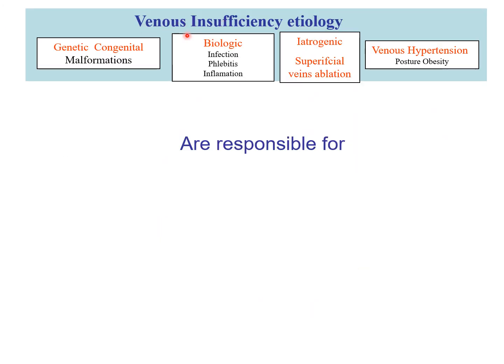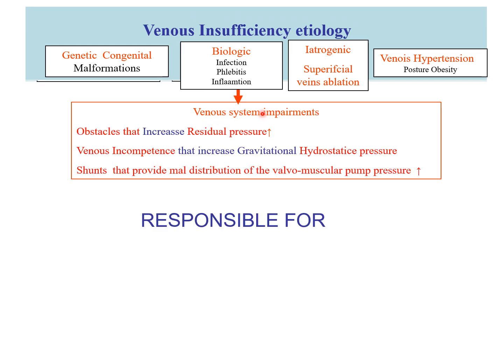The etiology of venous insufficiency may be malformation, congenital, genetic, or biological, infection, phlebitis, inflammation, iatrogenic, especially responsible for varicose recurrence after varicose ablation, and venous hypertension by posture or obesity. They are responsible for venous system impairment: obstacles that increase the residual pressure, venous incompetence that increases gravitational hydrostatic pressure, and shunts that provide maldistribution of the valvomuscular pump pressure.